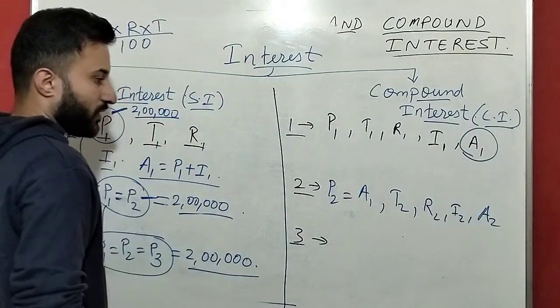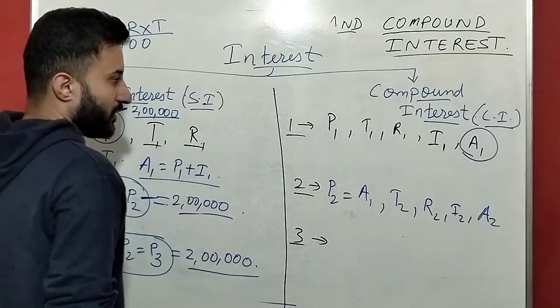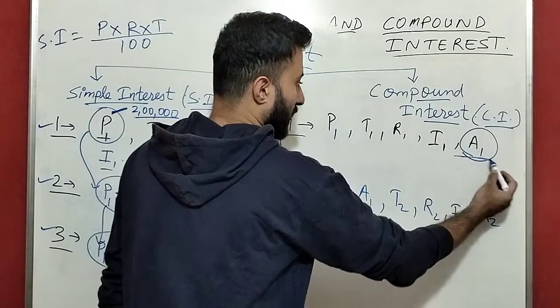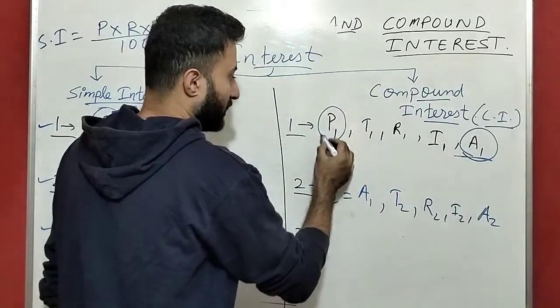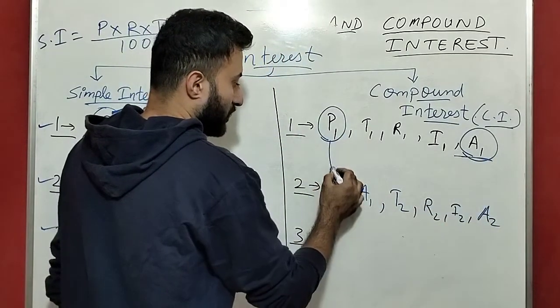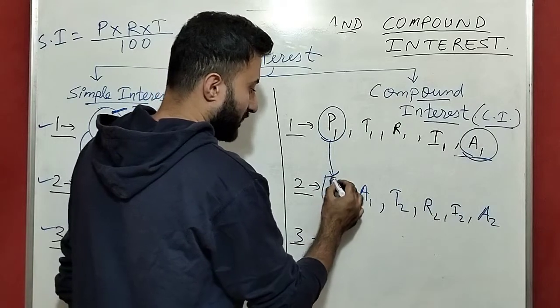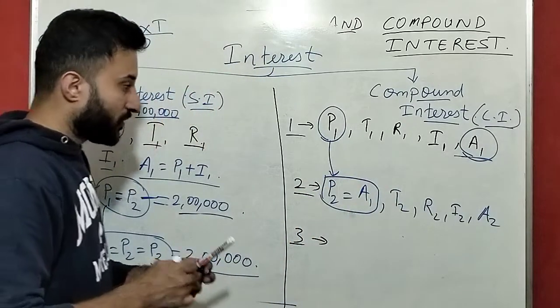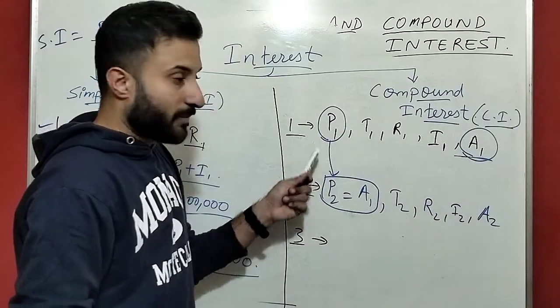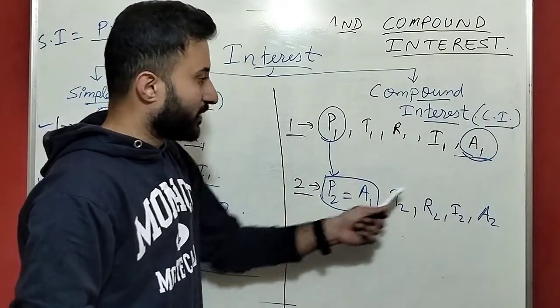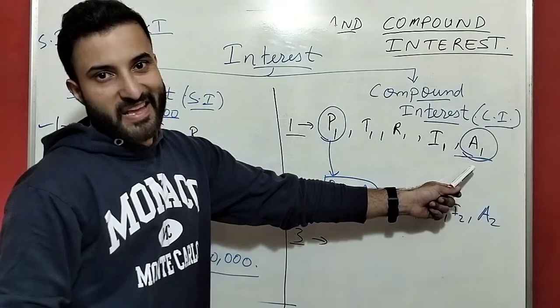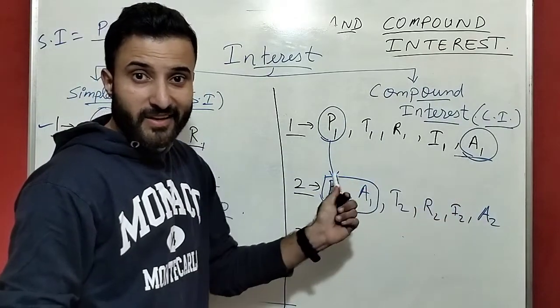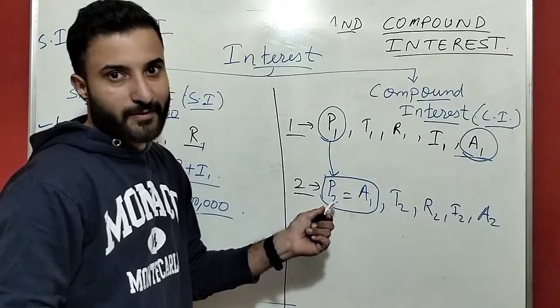See, the first year principal and the second year principal are totally changed, because the first year principal is P1, but the second year principal is the amount. Amount of the first year is the principal of the second year.